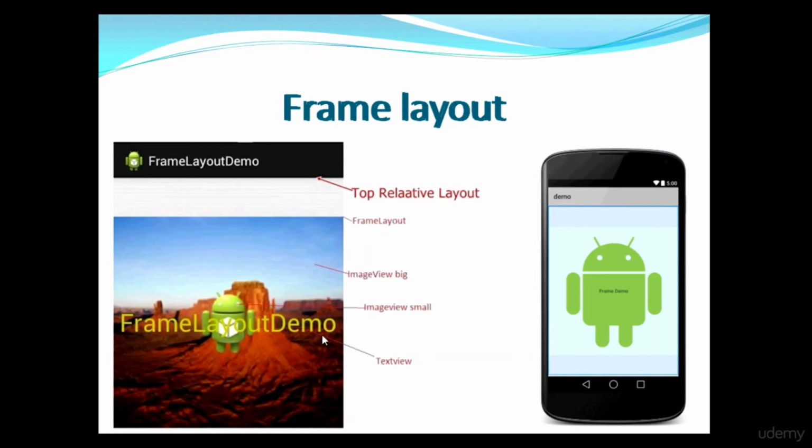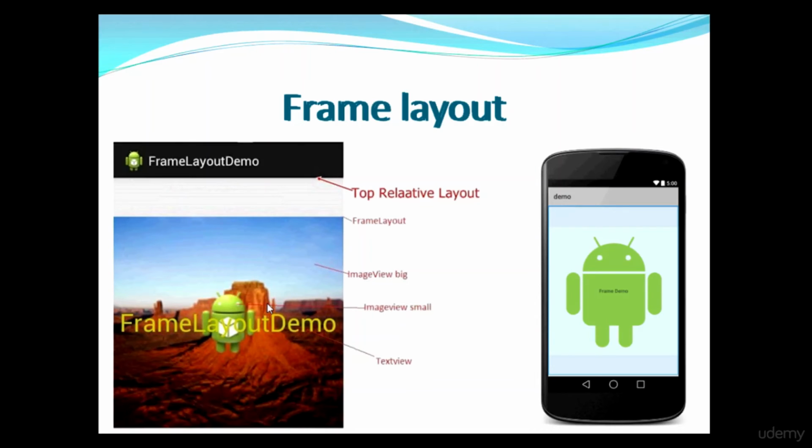Generally a frame layout should be used to hold only a single child view, because it can be very difficult to organize the child views in a way that's scalable to different screen sizes without the children overlapping each other. So we cannot have multiple child views here.